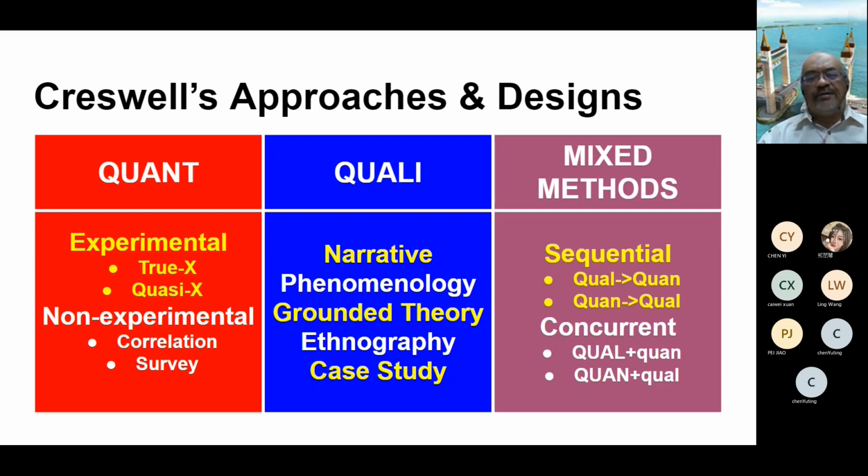The second one is phenomenology. We are making an inquiry on certain phenomena in our world. Then grounded theory, or GT. We're going to generate our own theory based on our observation.